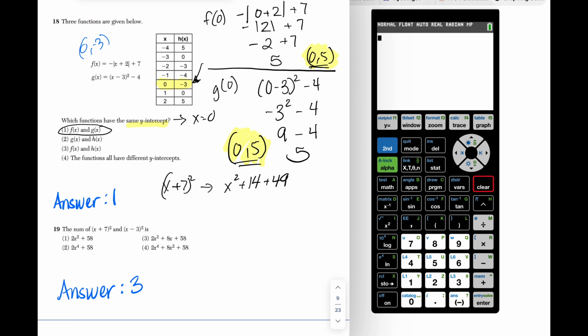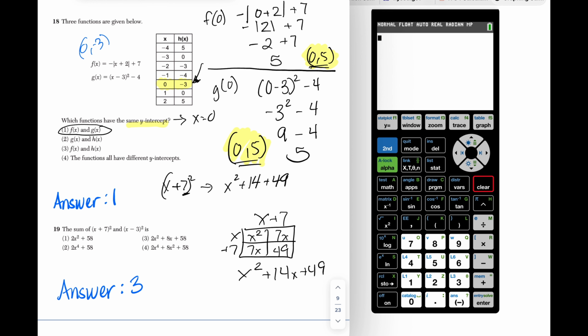If you don't see that, that's okay. You could have just expanded it out by doing x plus 7, x plus 7, and then you will get x squared, 7x, 7x, 49. And then you can see it's x squared plus 14x plus 49.